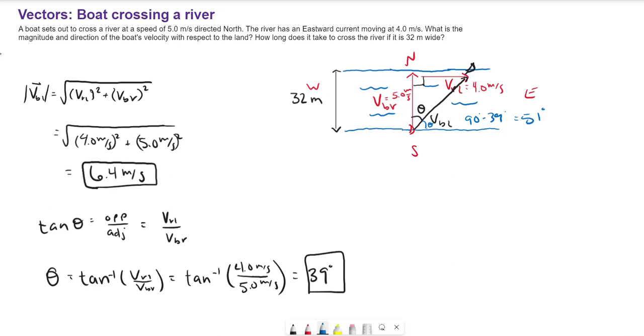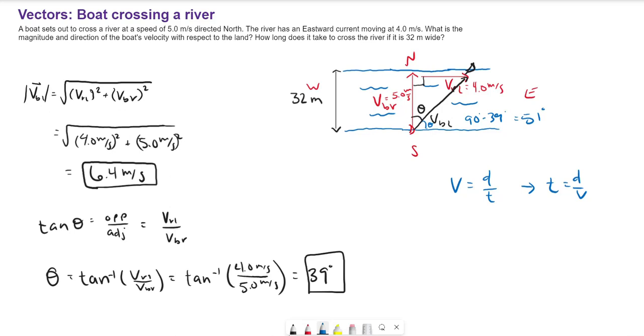Now we want to find how long it takes to cross this river. We know that the magnitude of velocity, or speed, is equal to the distance over the time. So we want to solve for the time, so we're just rearranging this to distance over velocity. Now, this part can get a little bit confusing when you have several different velocities, right?